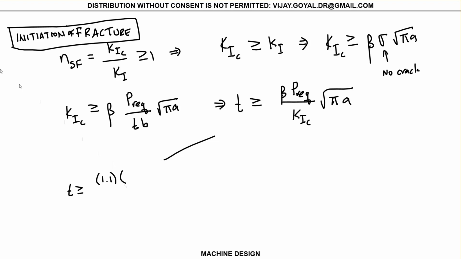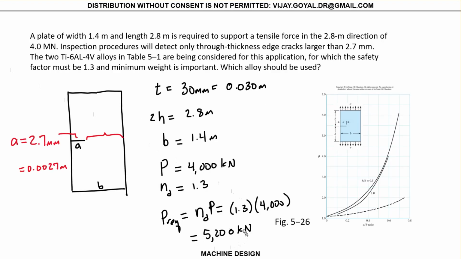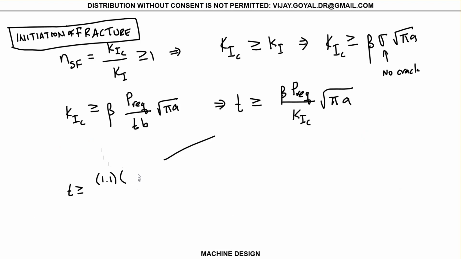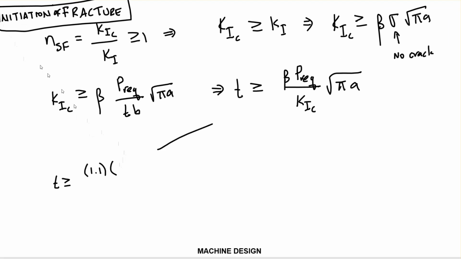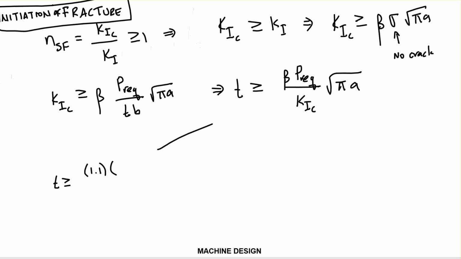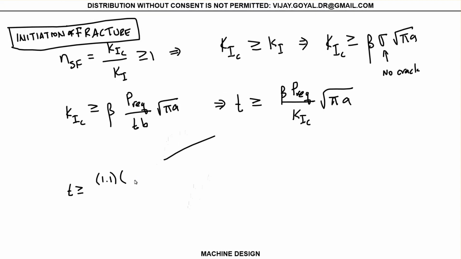Then your P required, we also found at the beginning of the problem, is 5.2 times 10 to the 6 has to be divided. Oh, there's a B missing here. I'm sorry. This B right here.